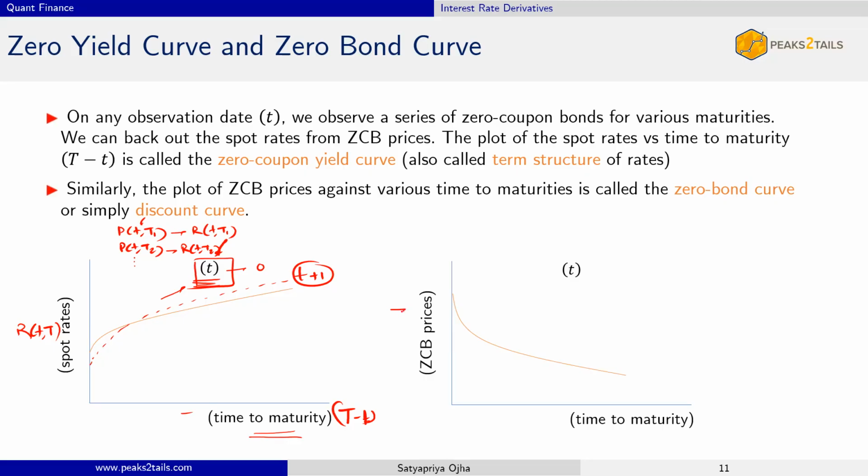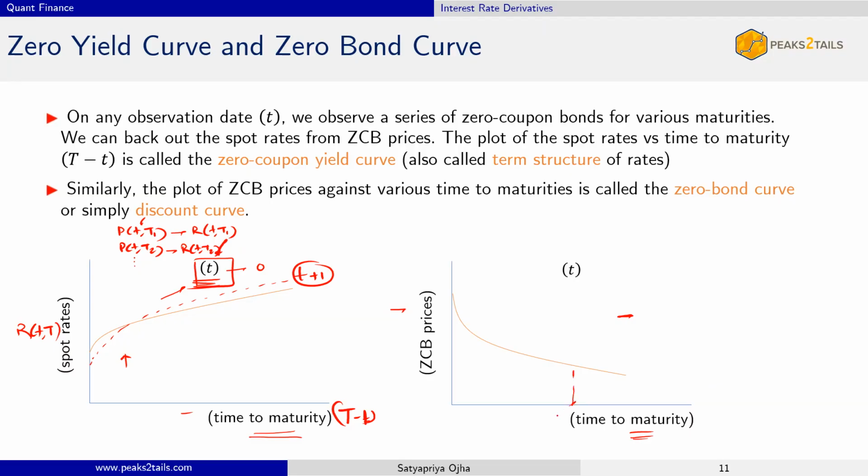On the right hand side, we have the plot of zero coupon bond prices. Simple. Time to maturity and the prices of the zero coupon bonds. Now, here's the one thing. This curve is a little bit boring because it will always have this shape, downward sloping. Yield curve can have any kind of shape, but this is pretty much always downward sloping because higher maturity zero coupon bonds will trade at a higher discount.